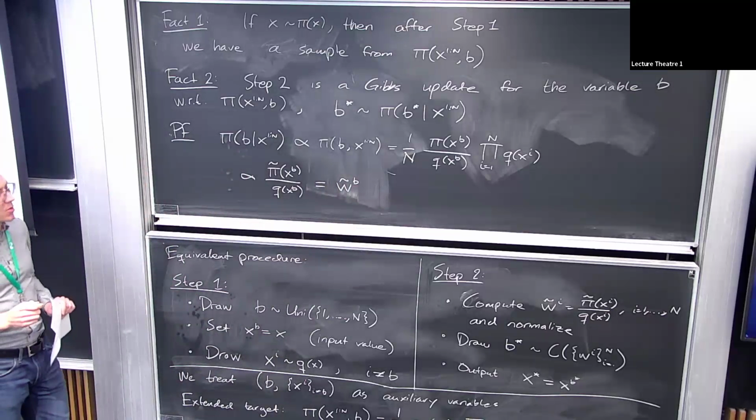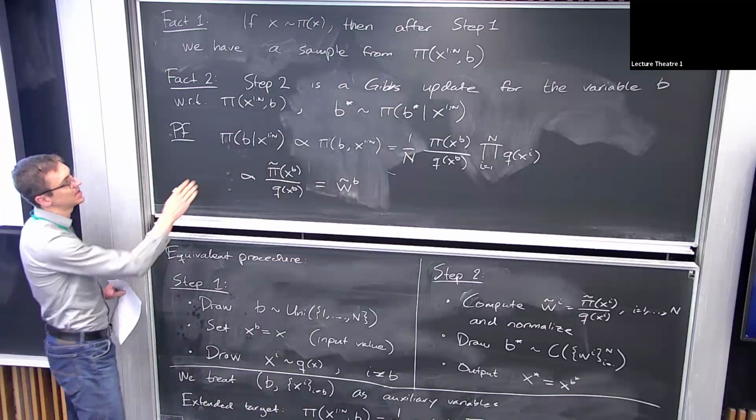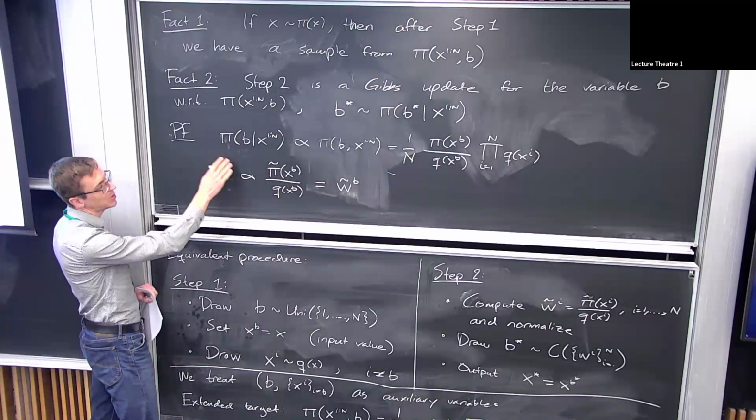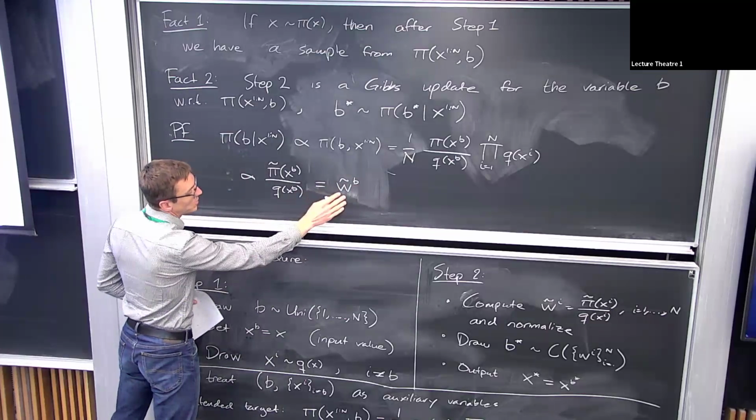If I now normalize this distribution, that just means normalizing the weights. And this then shows that this distribution is a categorical distribution with probability given by the normalized weights.